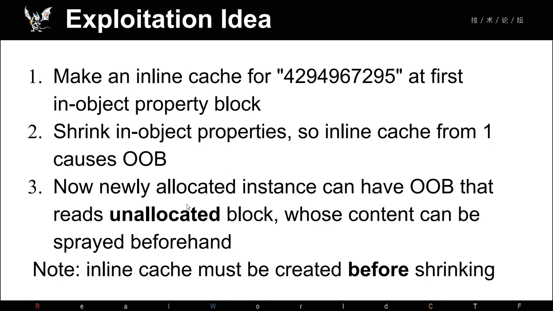Therefore, a newly allocated instance can have out-of-bound read, and it can read the unallocated block, whose content can be sprayed beforehand because the heap can be sprayed before the exploitation goes. So we can actually control such an unallocated block. And a key point to note is that the inline cache must be created before shrinking.